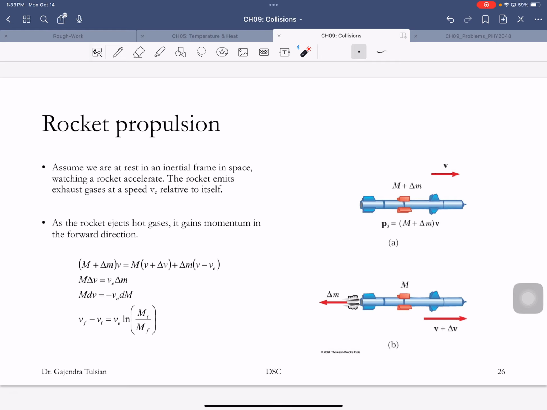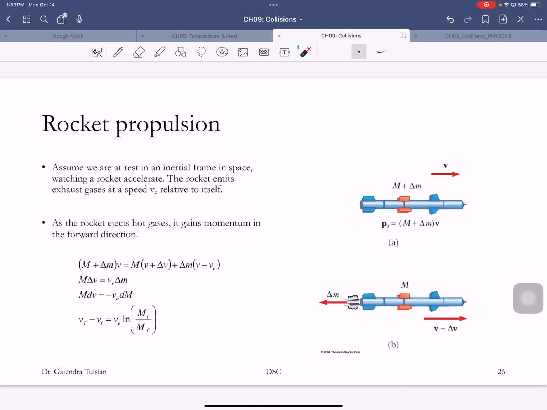So we'll introduce a couple of equations that are useful in rocket propulsion. Imagine this is happening in deep space. Here's this rocket that's flying. Here's the total mass of the rocket, and it's going at that speed. Now it wants to speed up.